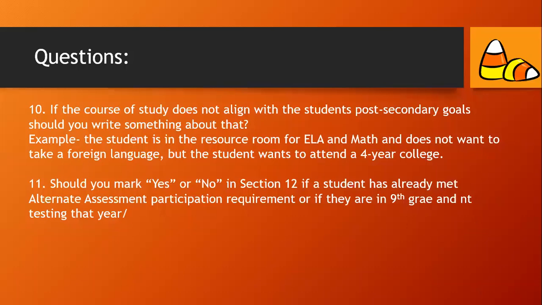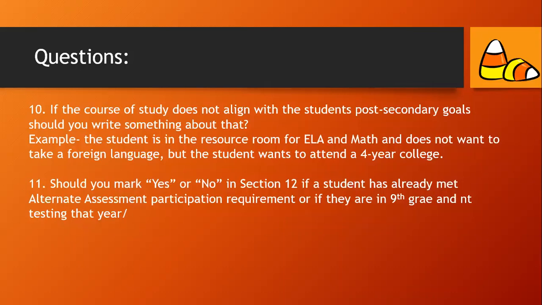I'm not looking at the page, but I know in the past, there have been times when a kid's gone to another district, and I'm thinking way back to OGT, the district didn't know if they had passed or met the participation requirement. Same with alternate assessment, just put the date in there that they took alternate assessment. Exactly.